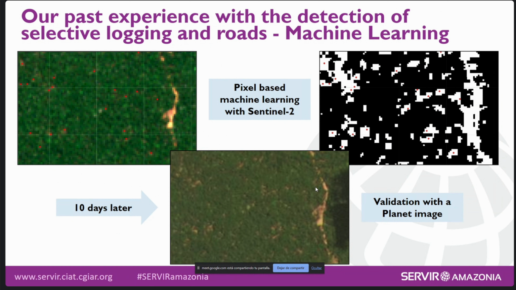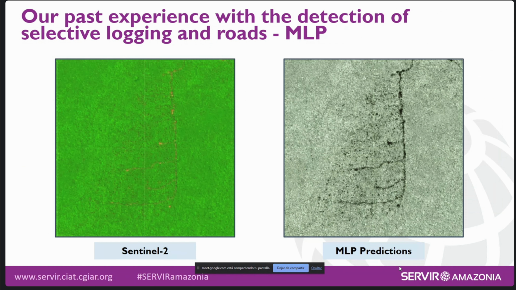The first step was the implementation of the random forest model using pixel by pixel classification. As can be seen, the results were not so good, and this is another example of our results using Sentinel-2 image.